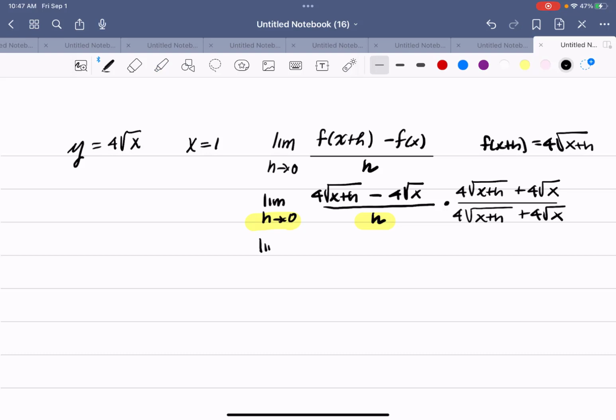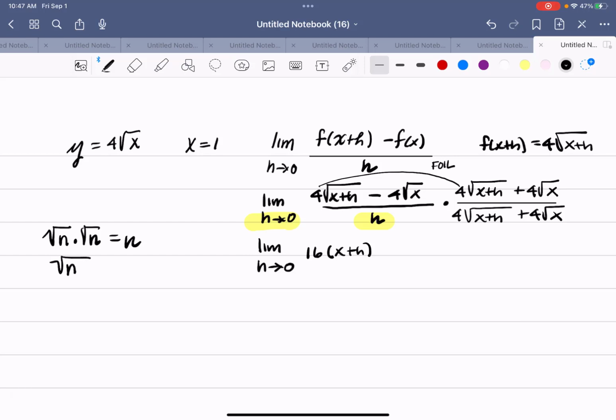Now that's going to be the limit as h goes to 0. And here I have to FOIL. I'm going to do it really carefully. So it's going to be 4 square root of x plus h times 4 square root of x plus h. So that's going to be 16 times x plus h, because when you multiply a square root times itself, you get what's inside.